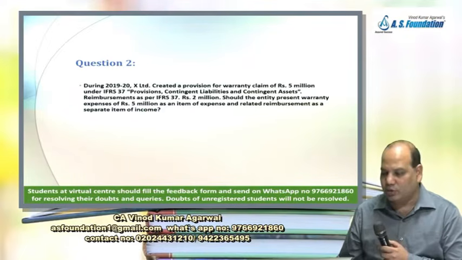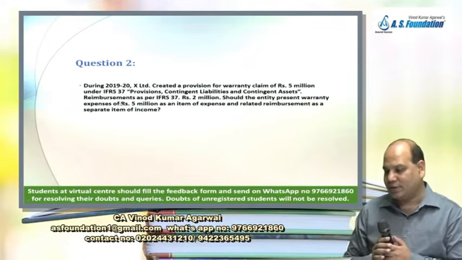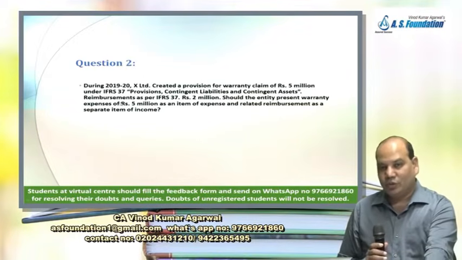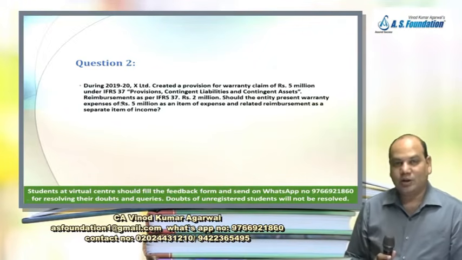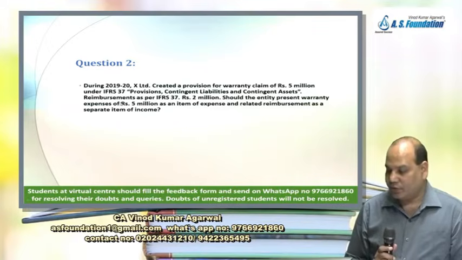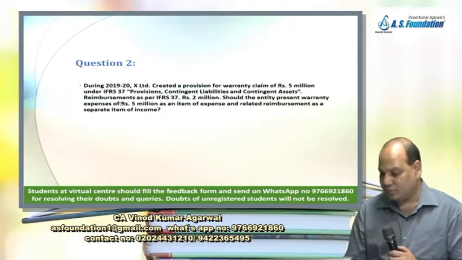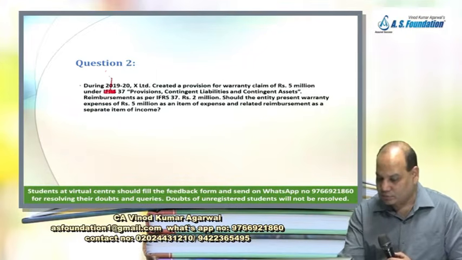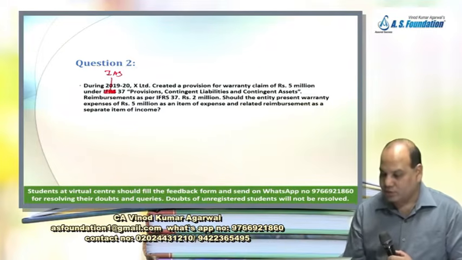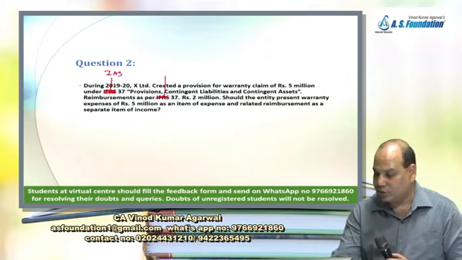Okay, try one more, only on the screen. Do not read the answer. During 2019-20, X Limited created a provision for warranty claim of rupees 5 million under IAS 37, which is called provisions, contingent liability and contingent asset.